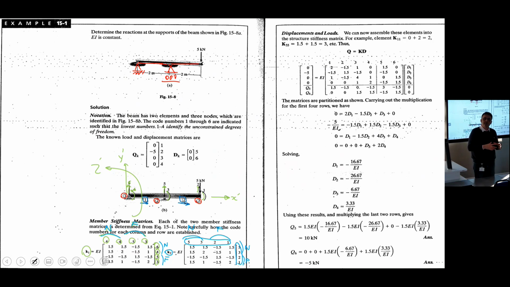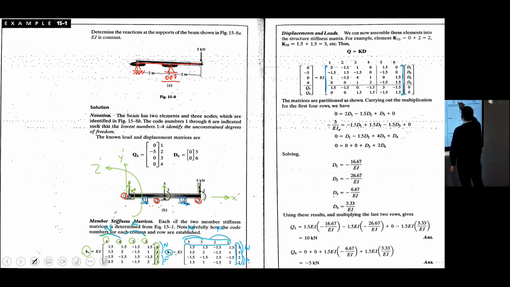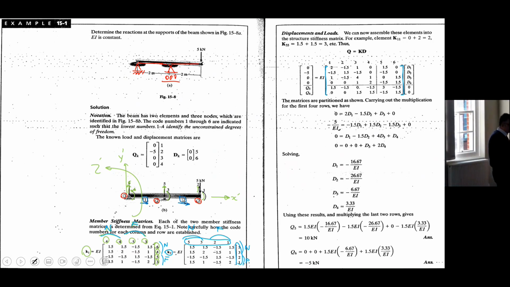This whole structure stiffness matrix should be 6 by 6 because we have 6 degrees of freedom, right? Just write a 6 by 6 matrix like this, full of 0. Forget about the numbers. Write the 6 by 6 stiffness matrix full of 0. Okay?